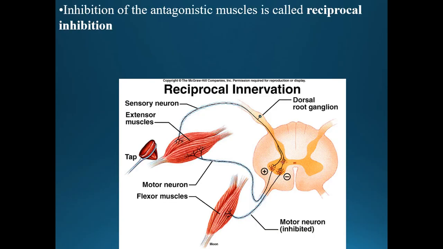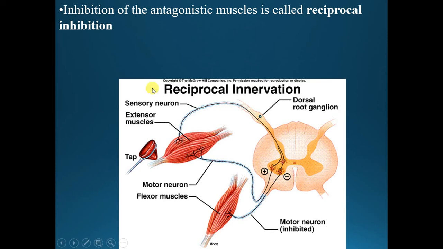Reciprocal inhibition of the antagonist muscle is caused by reciprocal innervation, as shown in this figure.